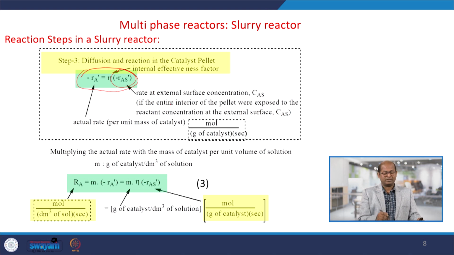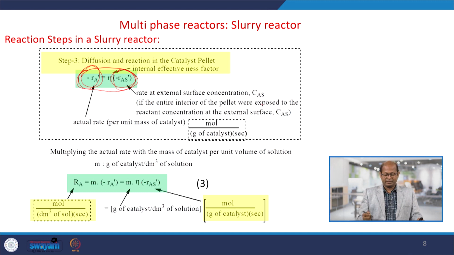If the whole internal surface were exposed to the surface concentration with no resistance, ideally the rate of reaction would be higher. That is the ideal rate. The actual or real rate is minus R A prime; for a spherical particle there is internal diffusion resistance, therefore we get the actual rate, while this is the ideal rate.